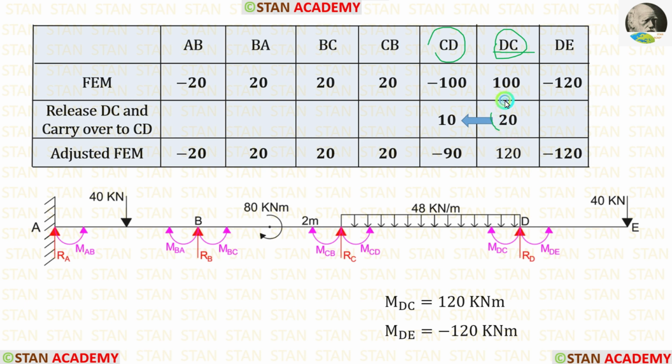When we divide 20 by 2, we will get 10. Now let us calculate the adjusted fixed end moments for AB, BA, BC and CB. There are no changes. For CD, we have to add these two values. After adding, we are getting minus 90.